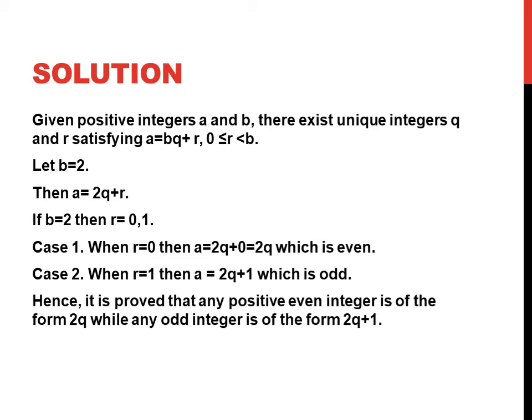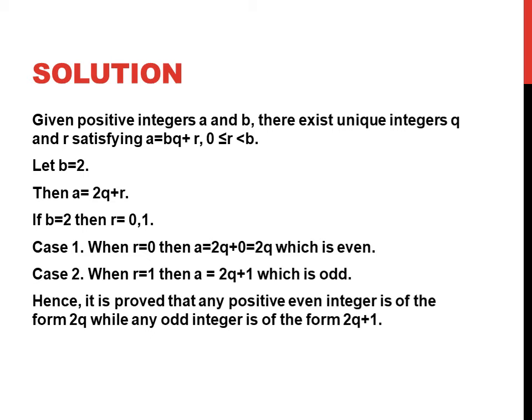As we can see that 2q was even, adding 1 to it makes it odd. So here when r is equal to 1 and a is equal to 2q plus 1, it becomes odd. So it is proved that any even integer is of the form 2q, while any odd integer is of the form 2q plus 1.